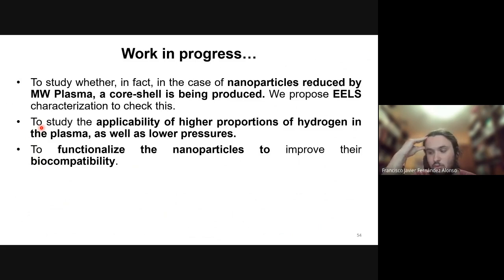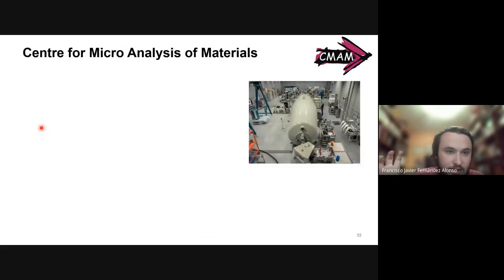And also we would like to try to functionalize the nanoparticles to try to improve their biocompatibility. And in 2 minutes, I would like to present the Center for Microanalysis of Materials.